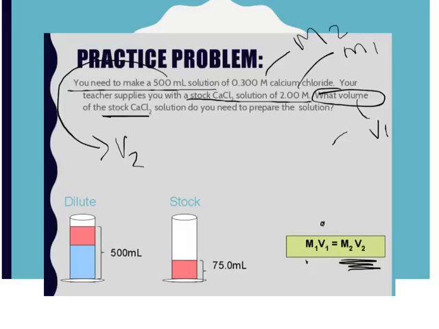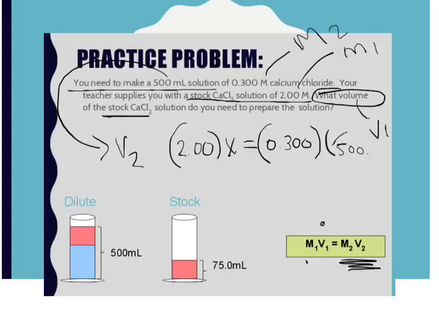Okay, so let's see. M1 is 2.0. We are solving for V1. That's going to be my X. My M2 is 0.3. And my V2 is 500 milliliters. Okay, so let's see.